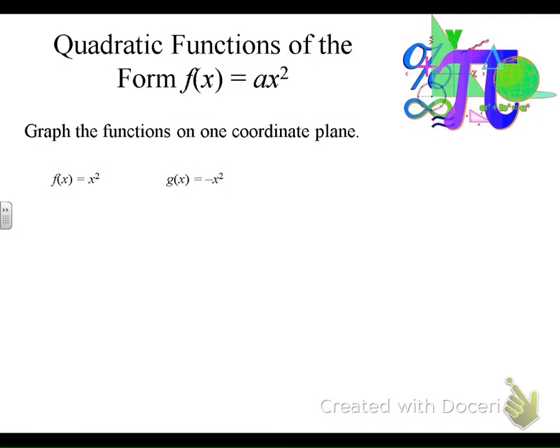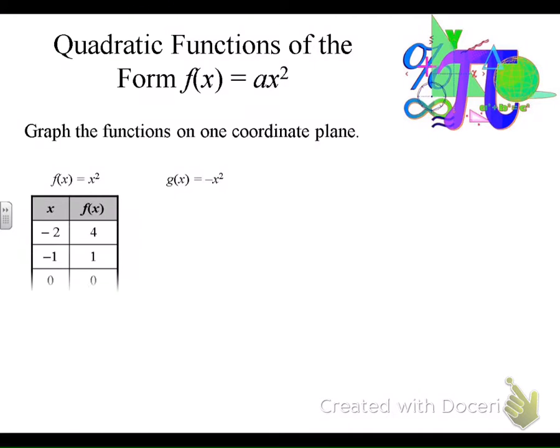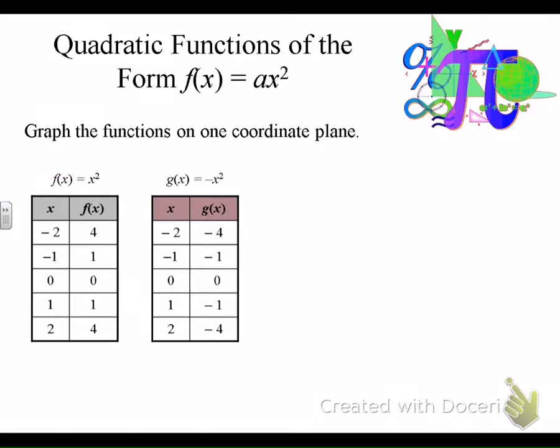Okay, when I graph these functions on one coordinate plane, notice we can create a table of values. If I plug in -2 into the function x squared, if I square a -2, I have -2 times -2 gives me +4. Now, this is where it gets a little bit confusing.